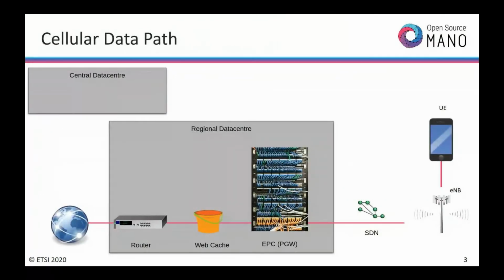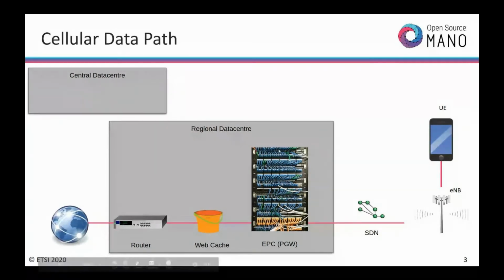So what does a cellular data path look like? Over on the right here, we've got UE, or the user equipment. That's your cell phone. It attaches to a radio, which then goes through a software-defined network, basically. It goes through a series of networks to get back to the Evolved Packet Core, which is what we call the P gateway, or packet gateway.